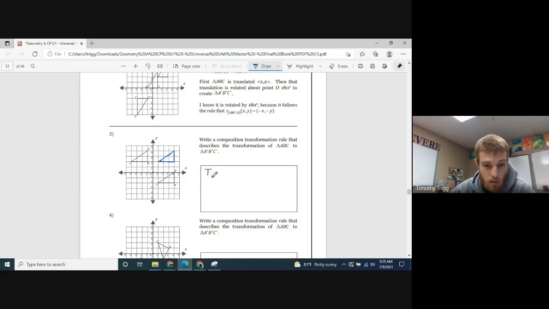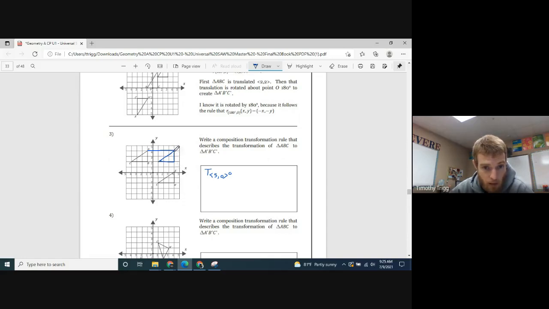How much is it translating? Well, it's translating to the right. Let's look at A and its corresponding point. That would be 1, 2, 3, 4, 5. So it's a translation 5 to the right and 0 up and down. Then from there, so the composition, we translate to this one. We could look from A to this A prime over here.